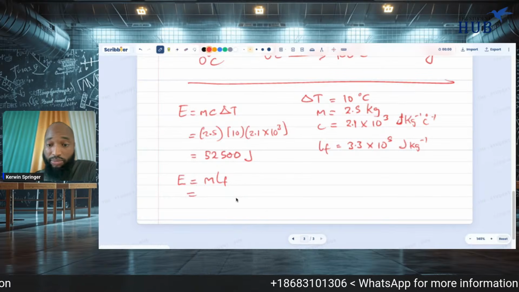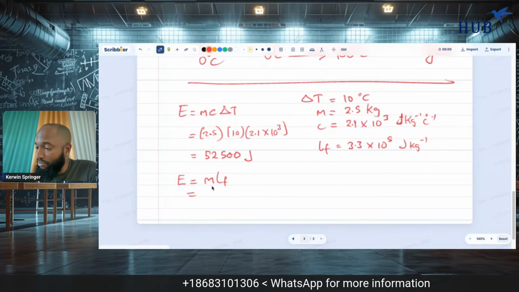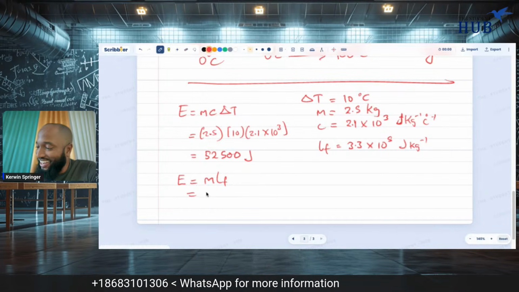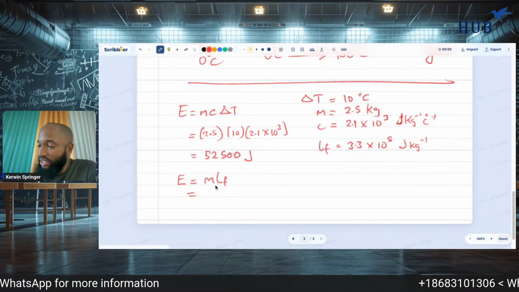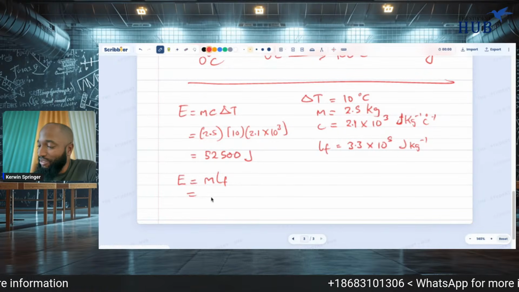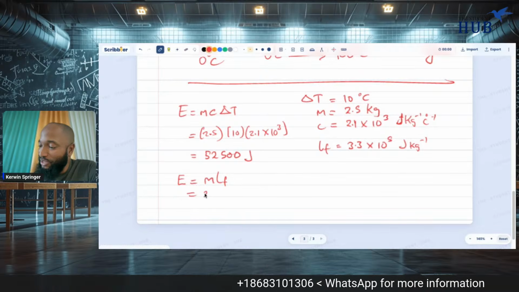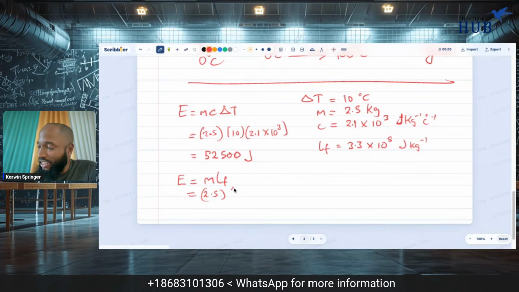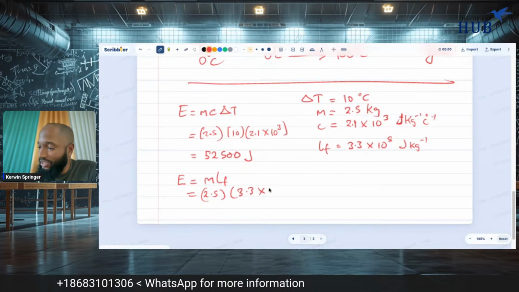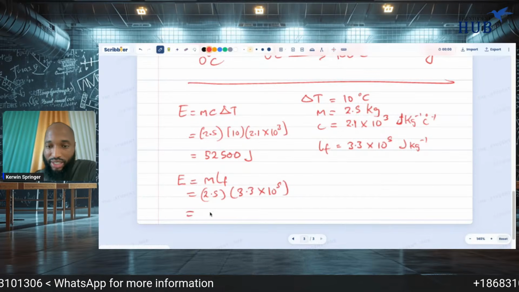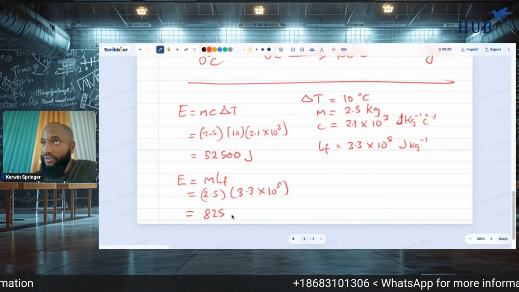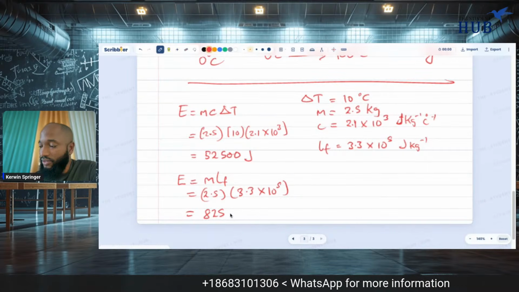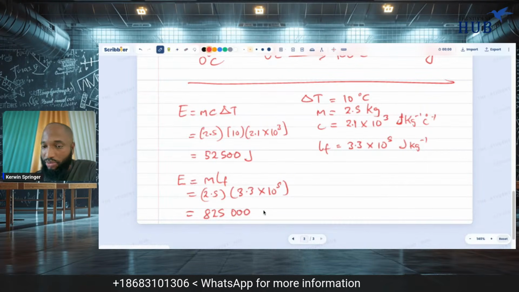This is just a straight plug-in now. So this will be 2.5 by 3.3 times 10 to the power of 5, which is 825,000, and this will be in joules.